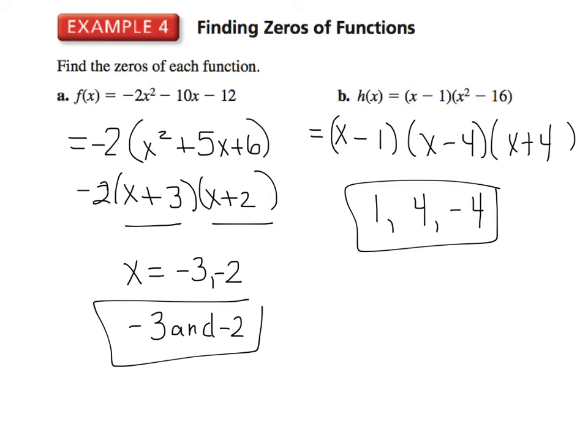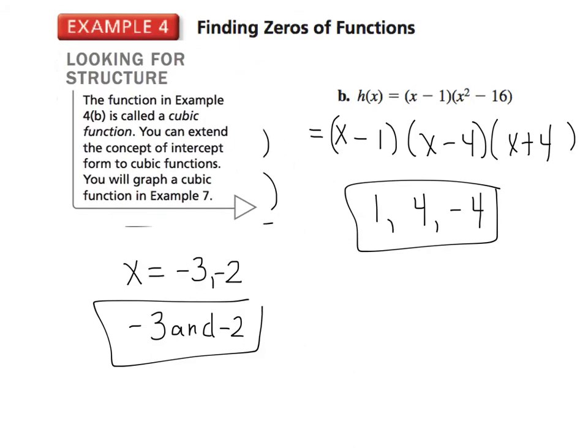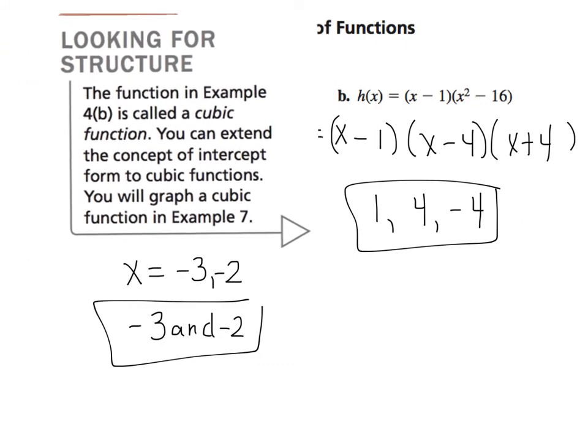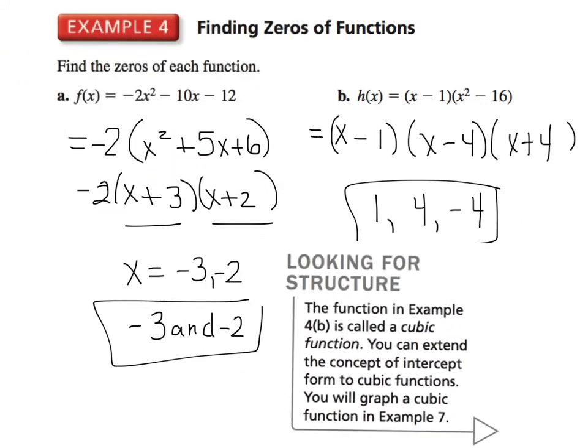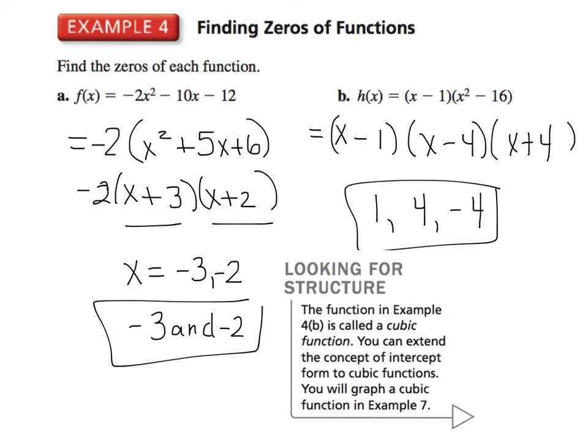That example actually is a cubic function. So right here, make note of this. Actually, I'll put it down here. The function in this example is called a cubic function. You can extend the concept of intercept form to cubic functions, and it's cubic because you have 3 different factors here. We're going to graph a cubic function in example 7.